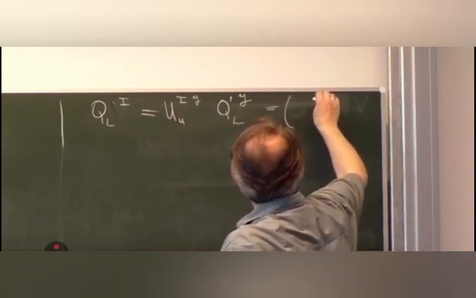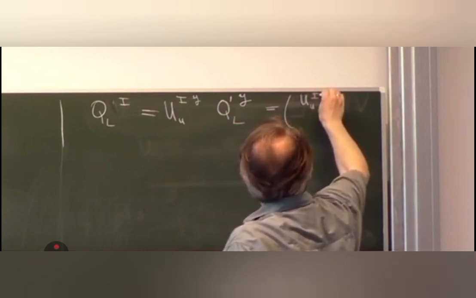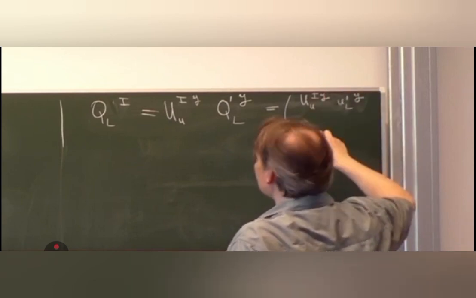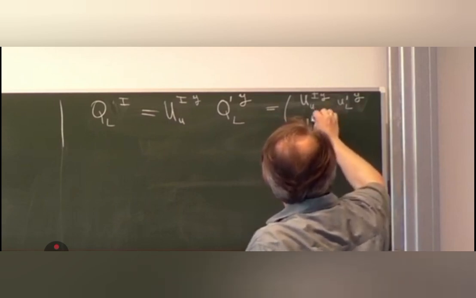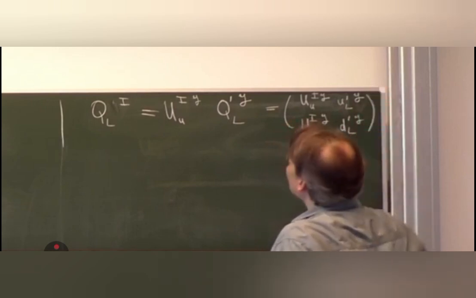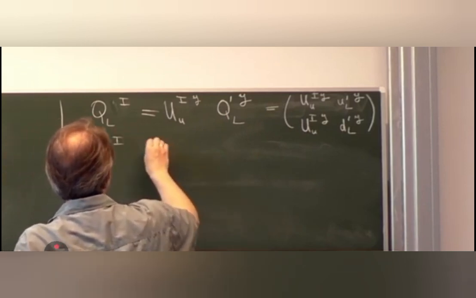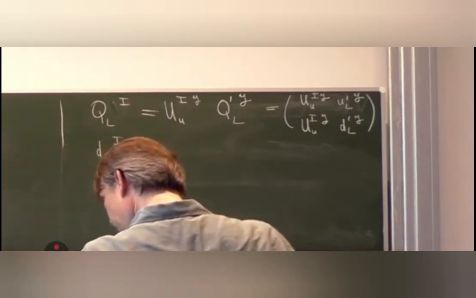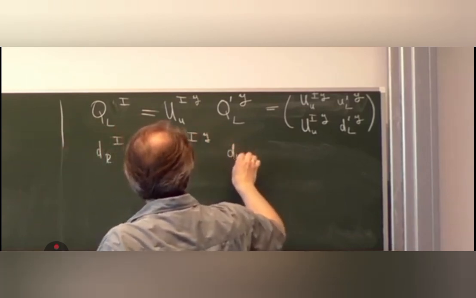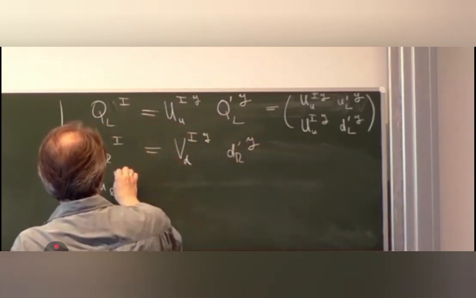So that means we have here in the doublet capital U_ij, small u_L' j, and here we have the same capital U_ij, small d_L' j. Then we defined for the right-handed down quarks, right-handed down quark i was V^d_ij d_R' j, and for the up quarks the same.